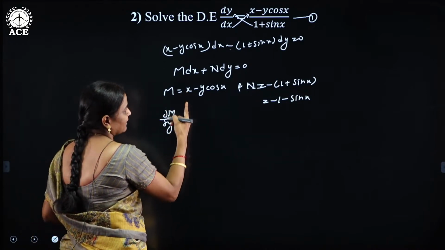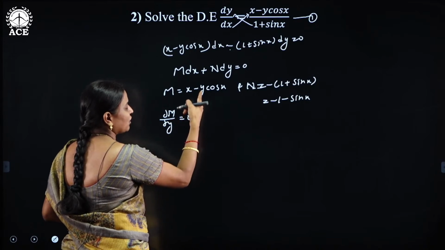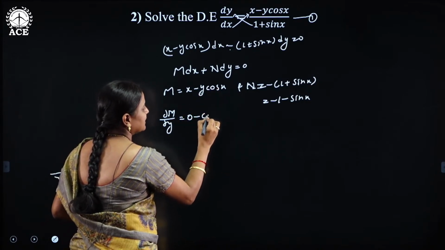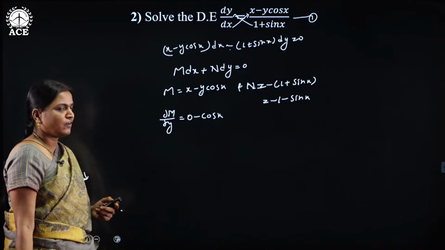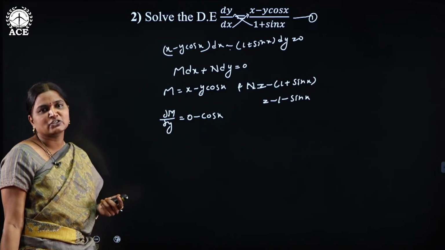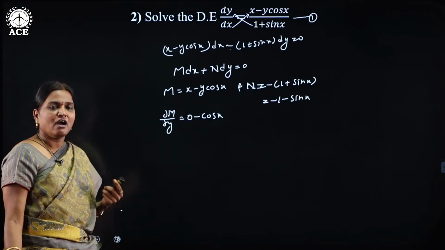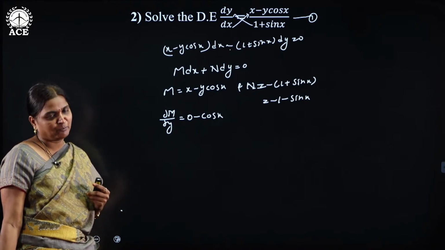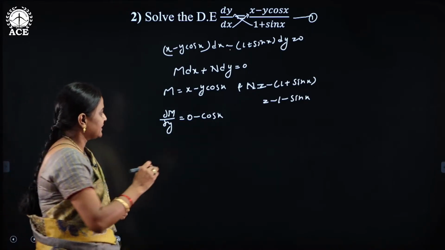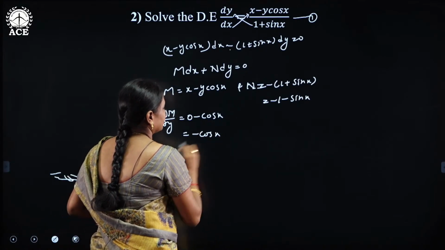So treat x as a constant, differentiation of x is 0 minus differentiation of y is 1, its coefficient is cos x. Differential and integral formulas are very important to solve any order differential equations. In the first unit, all the differential formulas and integral formulas are very important. So dou M by dou y is equal to minus cos x.